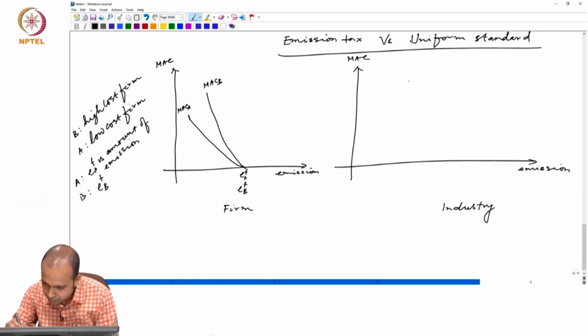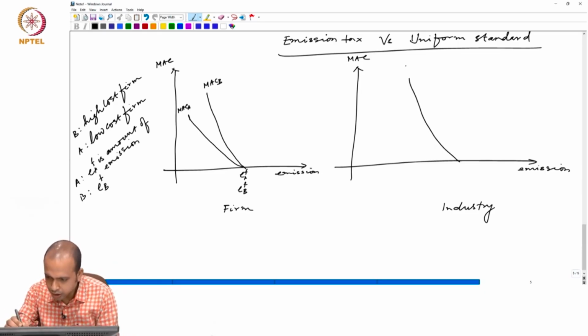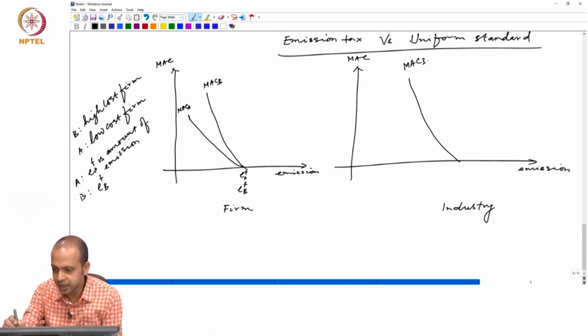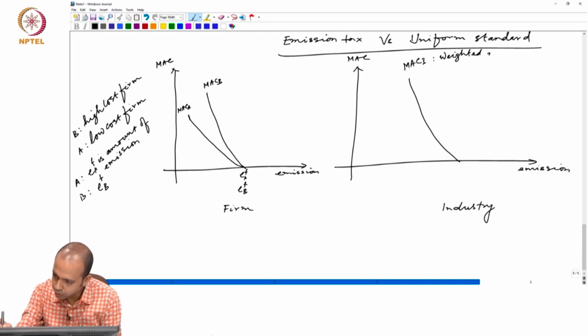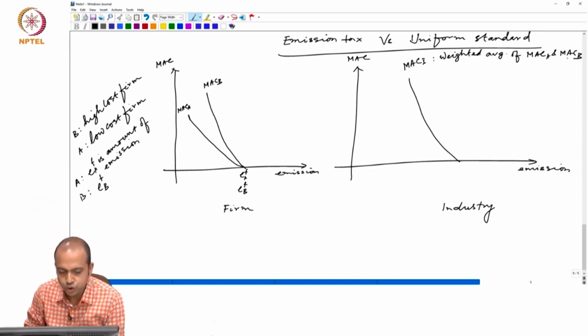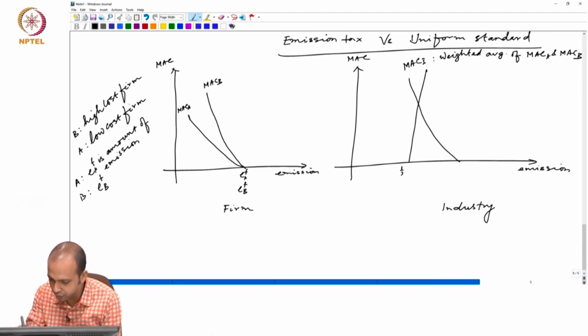Now, let us say that this is MAC at the industry level, and that is actually the weighted average of MAC A and MAC B. Let us now suppose the regulator wants this amount of pollution control, which is half of EFA plus EFB.